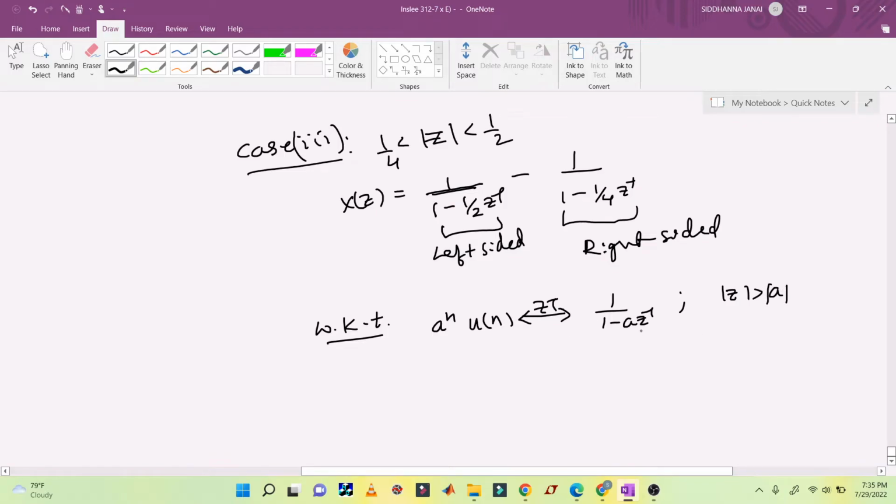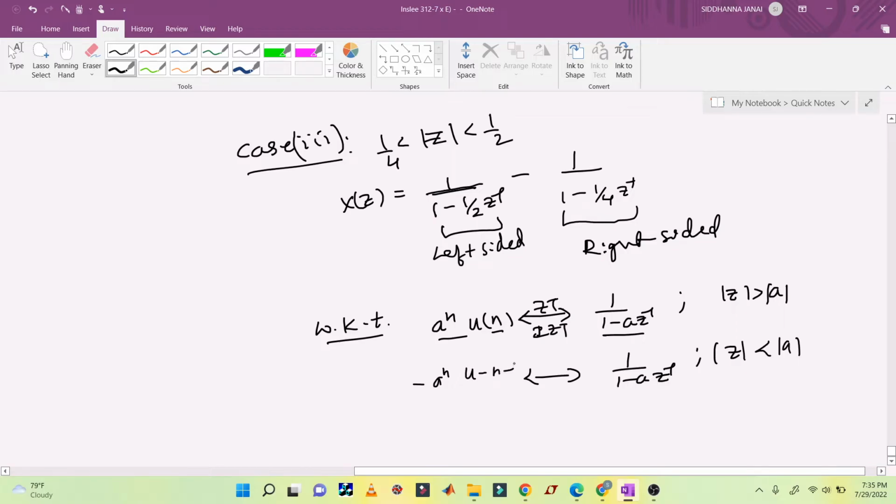Similarly, the same z transform if magnitude of z is less than magnitude of a gives us minus a to the power n u of minus n minus 1.